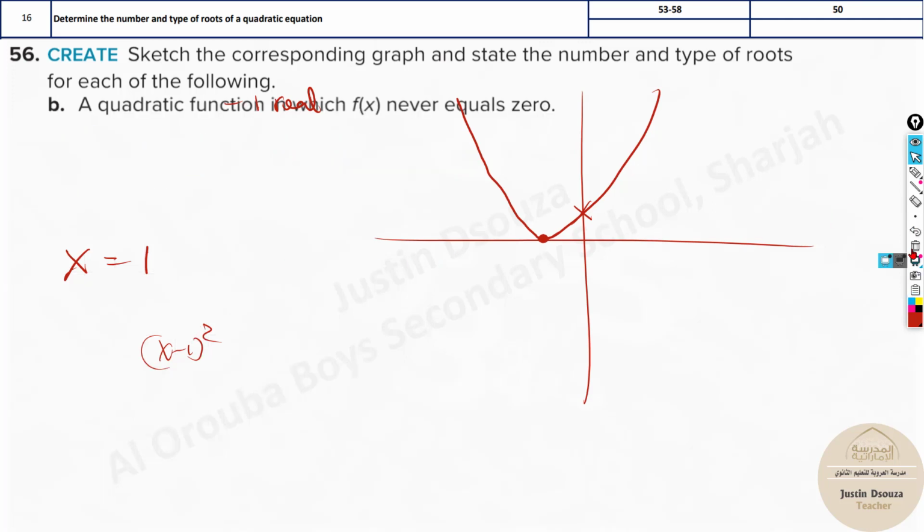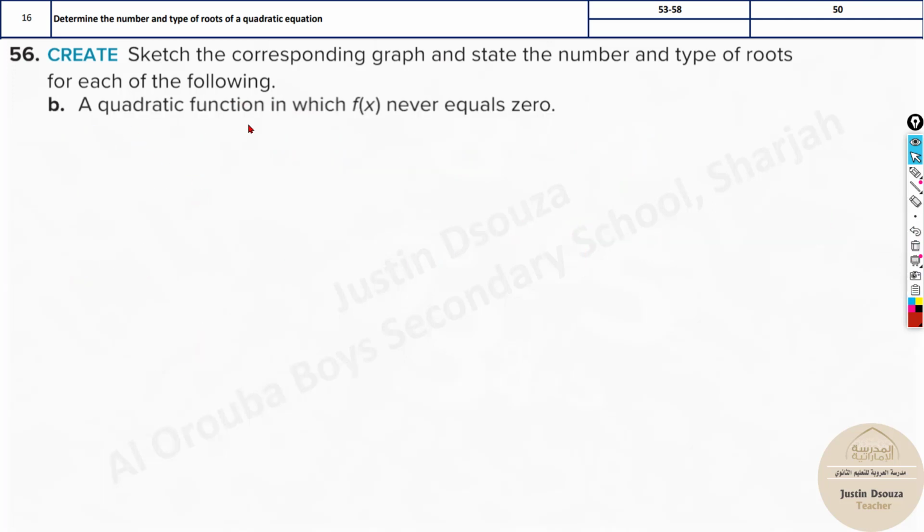That's the concept. Now, what about a quadratic function in which f of x never equals 0? Okay, a quadratic function in which f of x, the y value, is never equal to 0. What exactly does that mean? Let's understand. Doesn't matter what you put for f of x equals, say, x squared plus 2x plus 1.